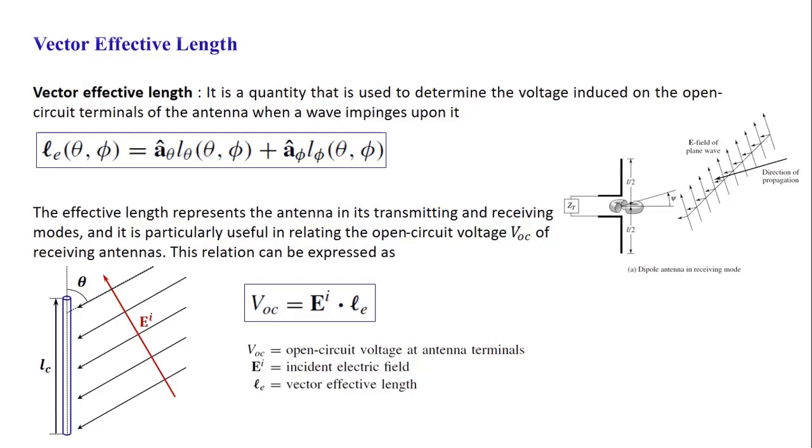The vector effective length denoted with LE for an antenna is usually a complex vector quantity represented as LE of theta phi equal to the length in a theta direction plus length in a phi direction.